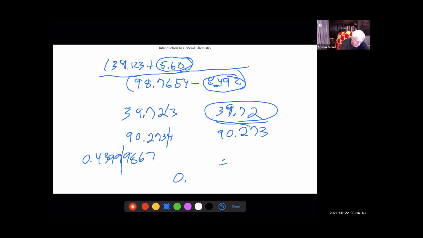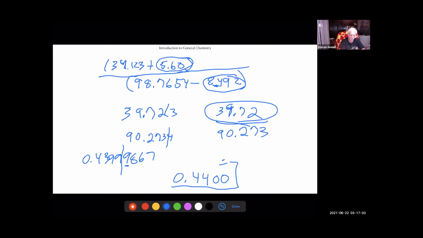We're going to round this one because this is greater than 5. So that rounds up to 0.44. We're good to 4 significant digits, 0, 0. So this would be your answer.